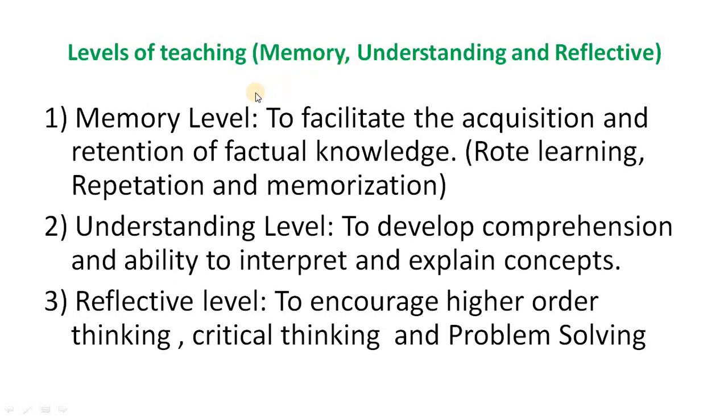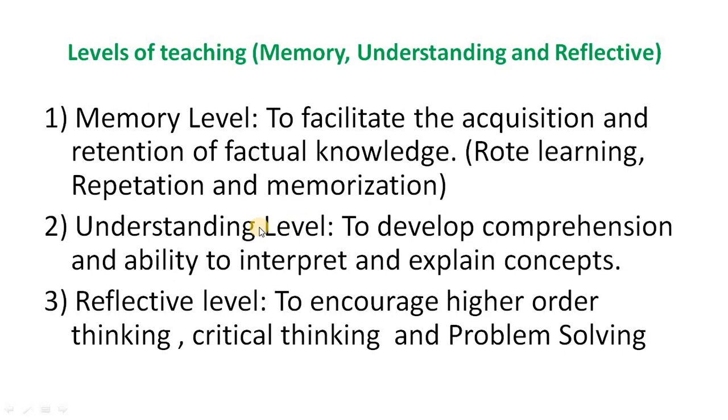The main intention of the memory level is to facilitate the acquisition and retention of factual knowledge. Look at the keyword, factual knowledge, retention, you have to memorize. Rote learning, repetition, memorization, these are the keywords you have to understand for the memory level of teaching.